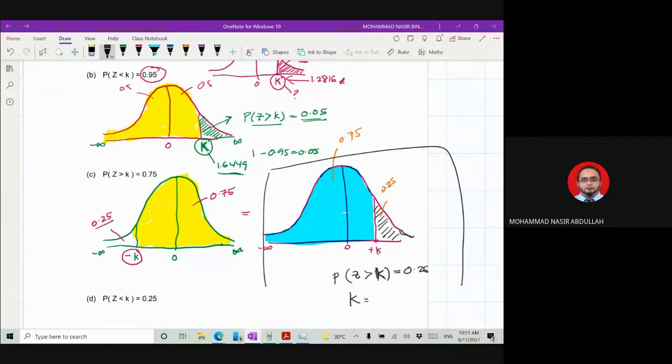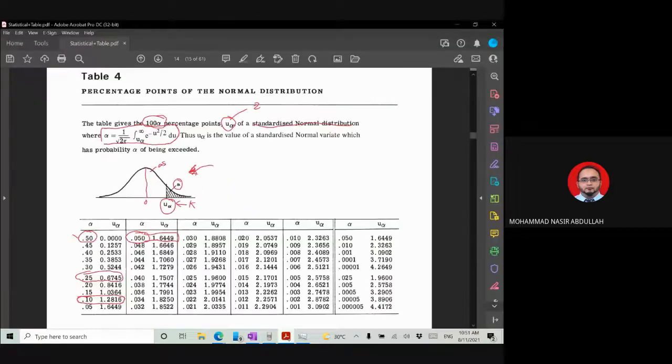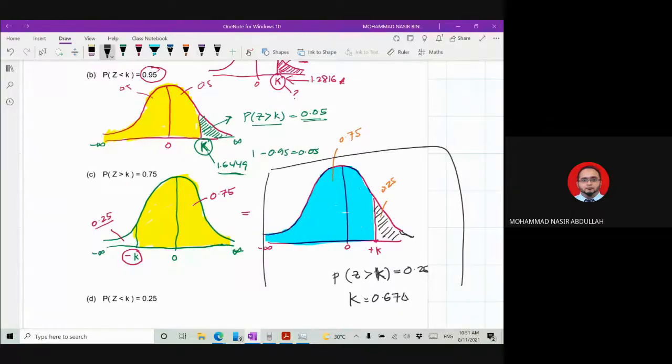So K here, for this chart, K is equal to 0.6745. But in our problem here, Z more than K is 75%. So the K value here should be negative 0.67. Can? Okay.